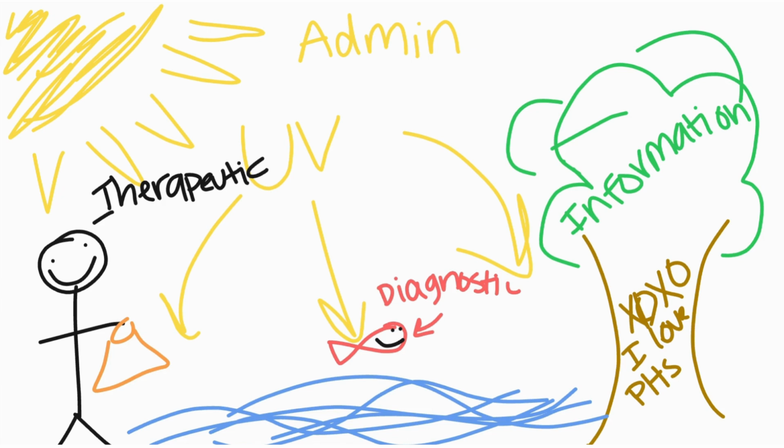So if I build a machine that's going to, let's say I have a tree here and I put the fertilizer in it. Well, that's my support services. I'm supporting my tree, my flower to grow.